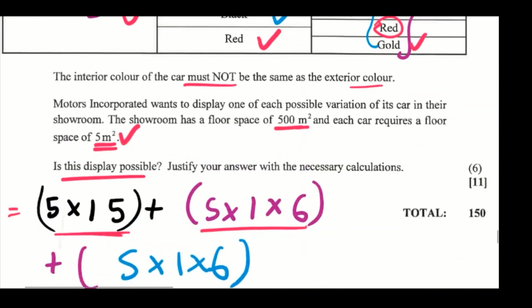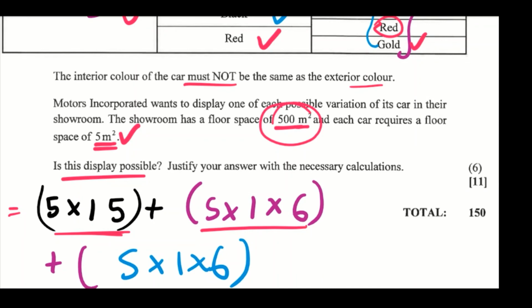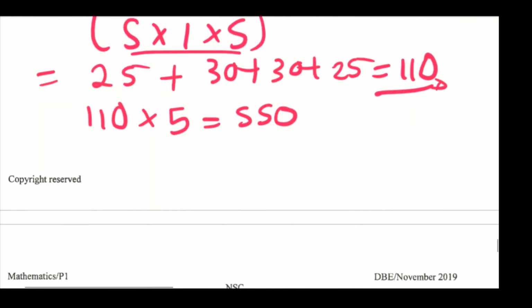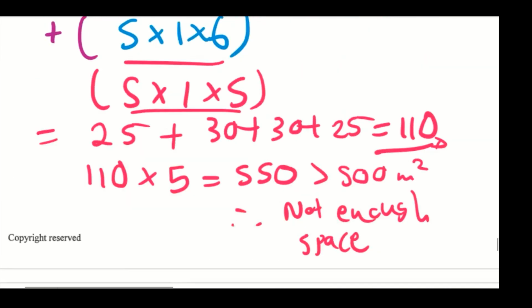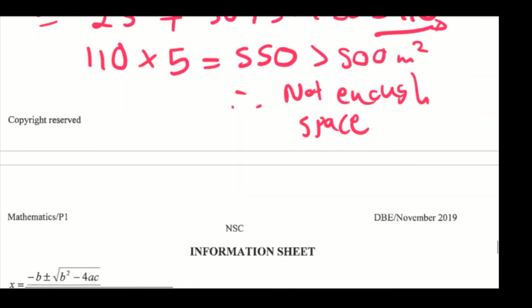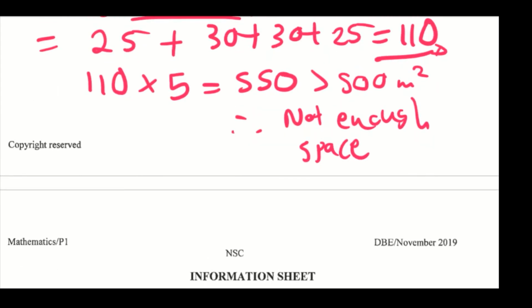So the space that is required is 550 square meters, while the available space is 500 square meters, and 550 is greater than 500. So therefore there's not enough space, right? So yeah, that's how we solve this problem here, and we are done.